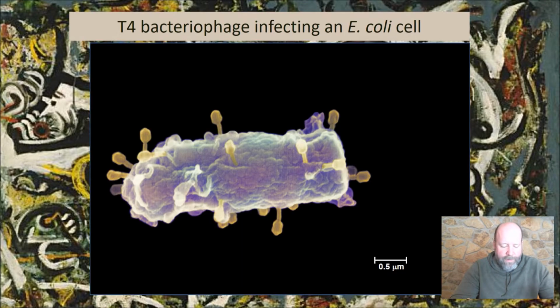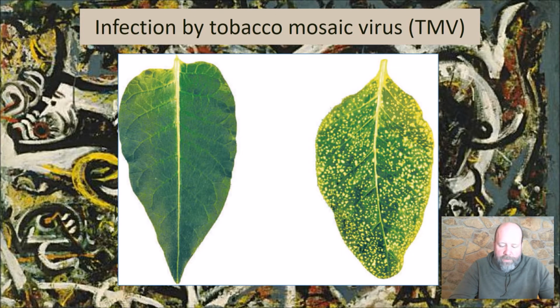This is just a cool electron micrograph of a bacteriophage attacking an E. coli cell. A phage is just a virus that infects bacteria. We call them phages. Sometimes with plants, you see these kind of spotty defenses. A part of this is infection by the virus, but also we've talked about the ways that plants defend themselves. Sometimes they will let the cells die.